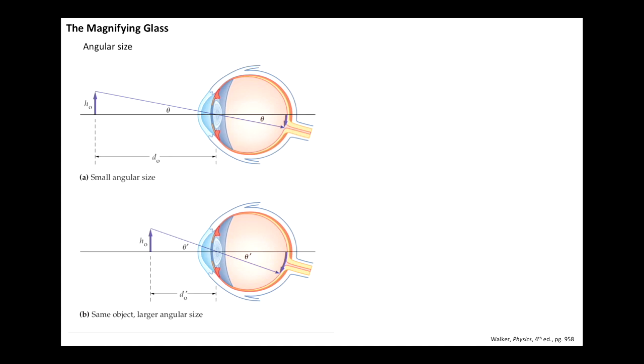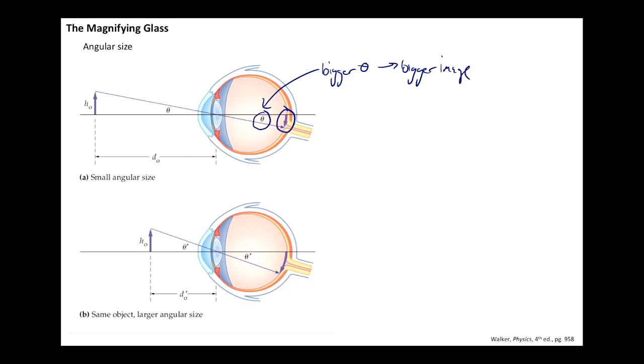So when I look at something, how big I see it is all based on this angle. That's the angle that defines the size of the image on the retina. The size I see everything is based on that angle. So we'll say bigger theta gives me a bigger image.